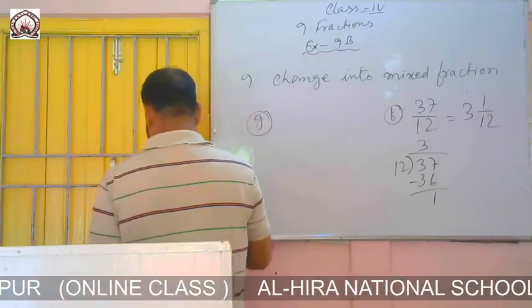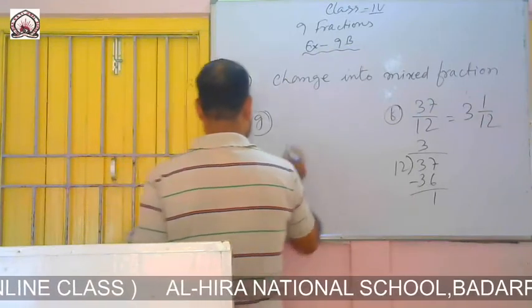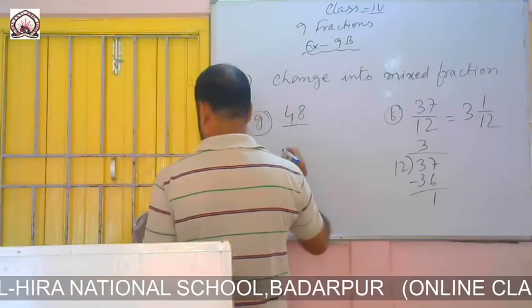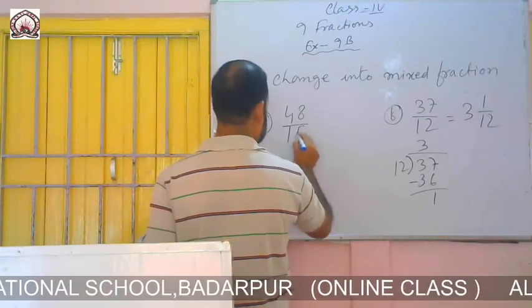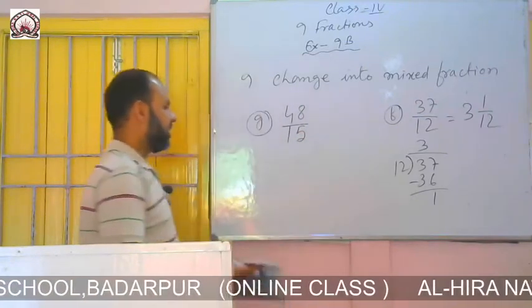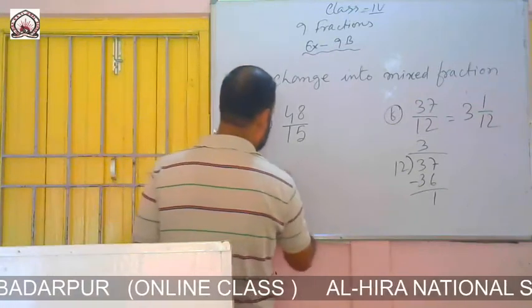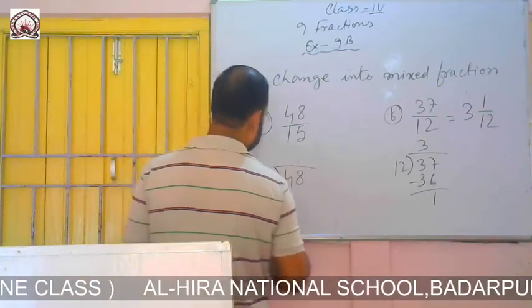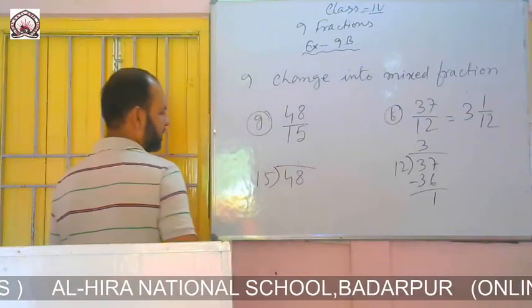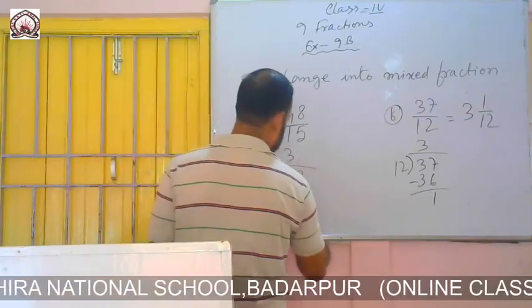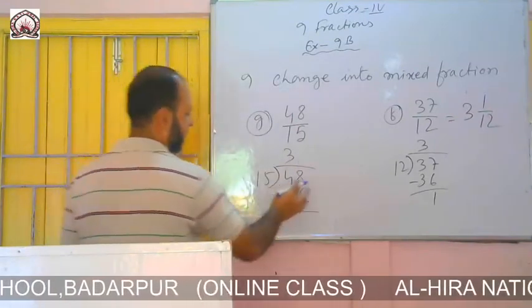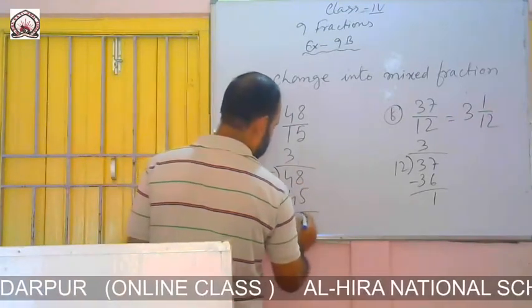Next, question number G. 48 by 15. We divide 48 by 15. So 15 threes are 45. 48 minus 45 is equal to 3.